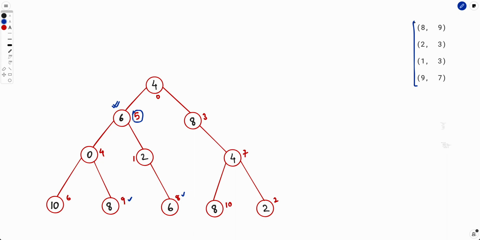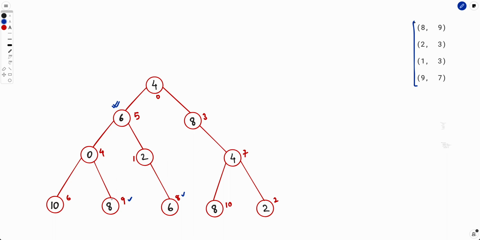You will go up, find 5, and all the nodes in that journey would be in the path from 9 to 8 or 8 to 9, right? So the next thing is how to figure out this lca. If you know how to find lca, you can skip to the next section, but let's see how to find lca.